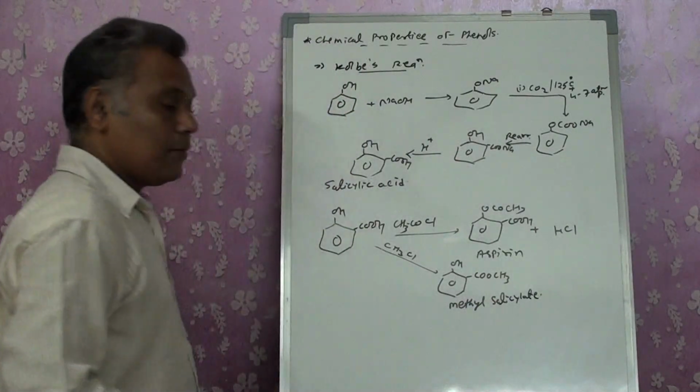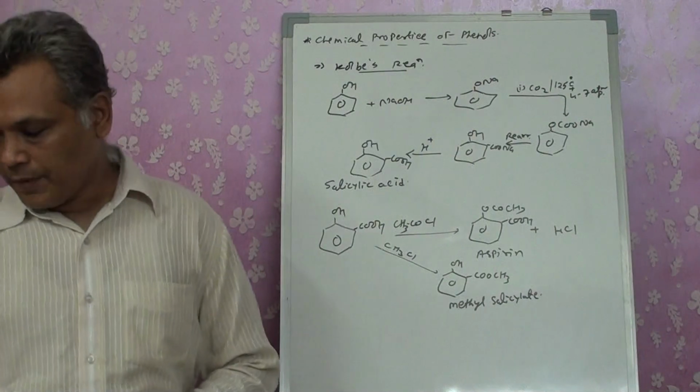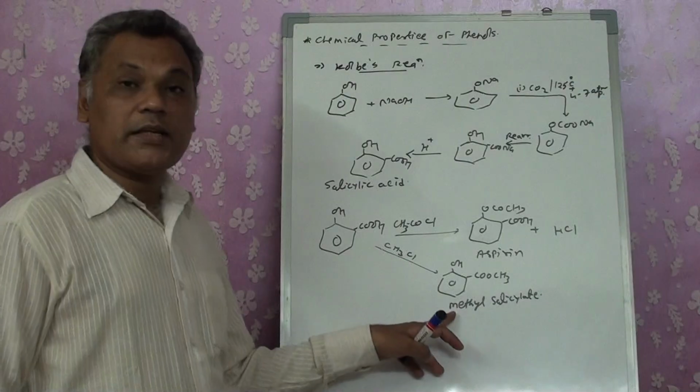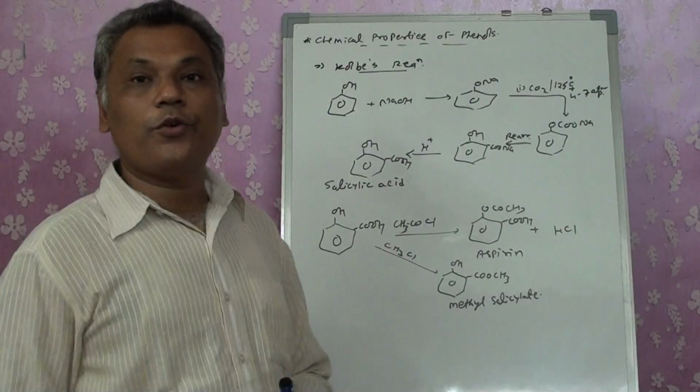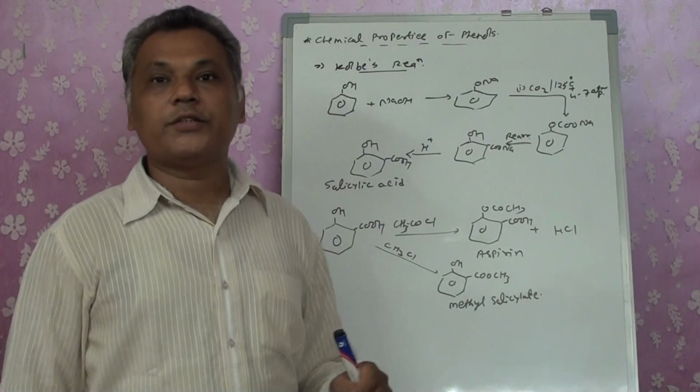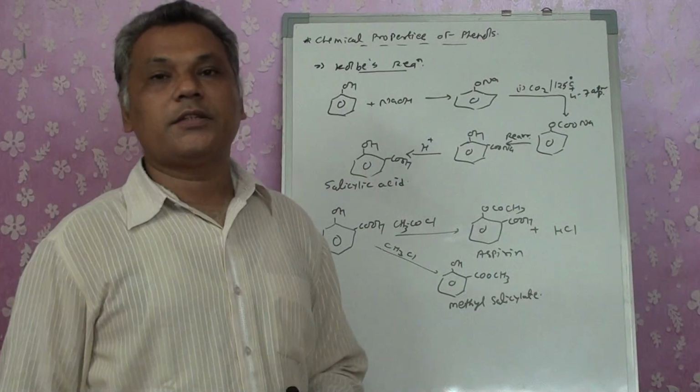It is termed as methyl salicylate. Now when we are going for methyl salicylate, it has a phenolic OH group present on it, so it cannot be taken as an oral drug. It has to be taken for external purposes.